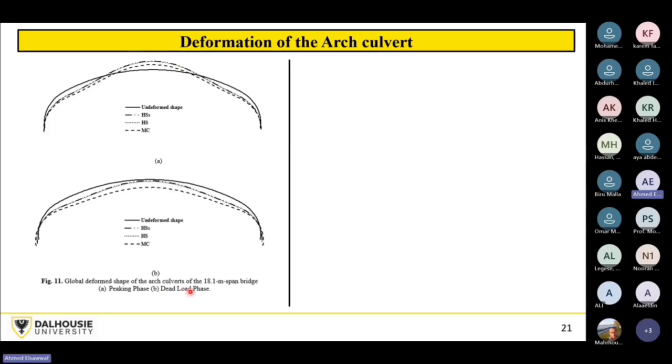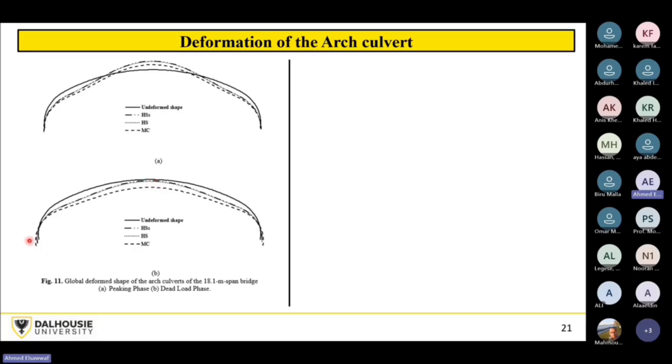And the dead load phase means that you have constructed the structure completely and you have the full cover over the crown backfilled and placed in position. Here you can see that the Mohr-Coulomb model is overestimating the downward movement.